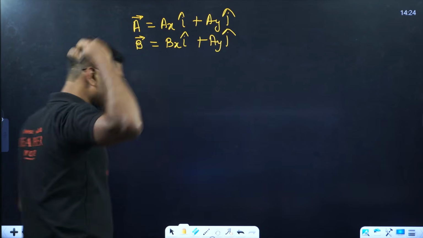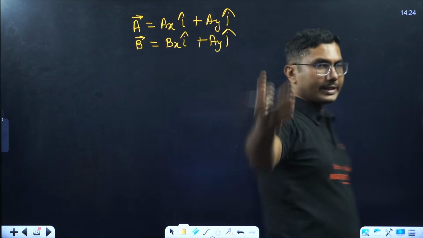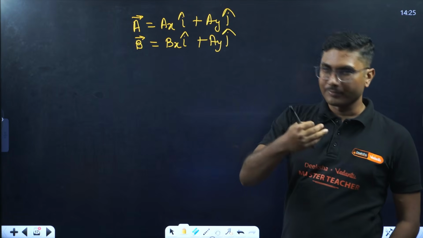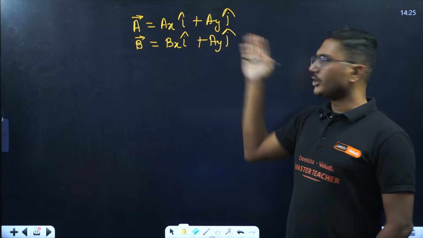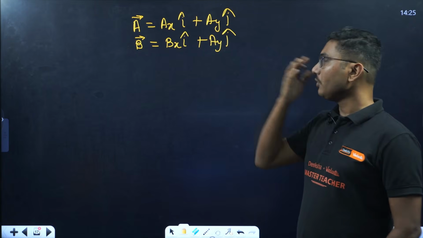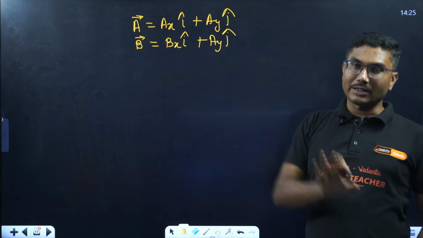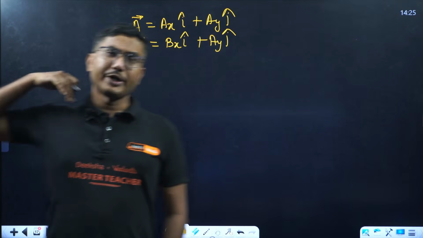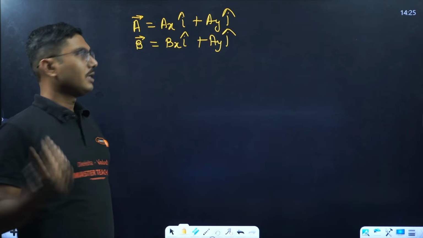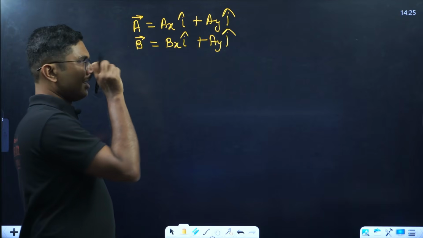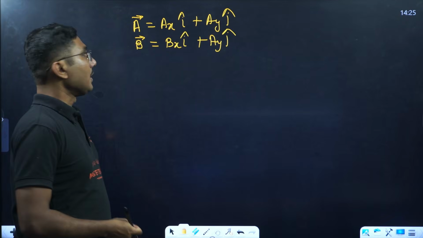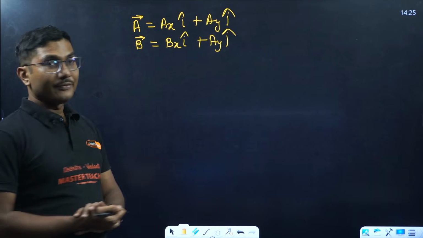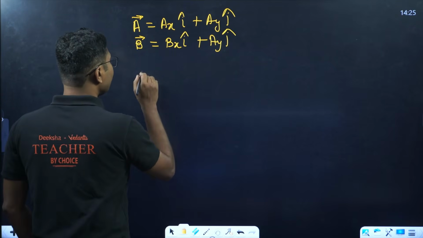Even though I said x and y are not necessarily needed in the case of resolution, when you are writing a vector in its coordinate form, the geometric form of a vector, in that case x and y are always compulsory. But for resolution of a vector, you can use any two perpendicular axes. So that is one slight correction that I wanted to make. Now when you are representing vectors in coordinate form and you want to add them, the addition is very simple.